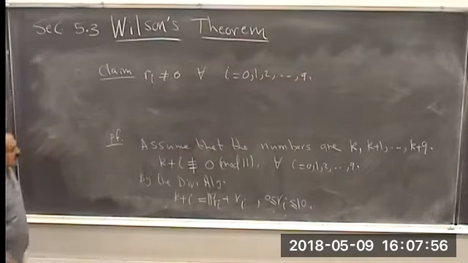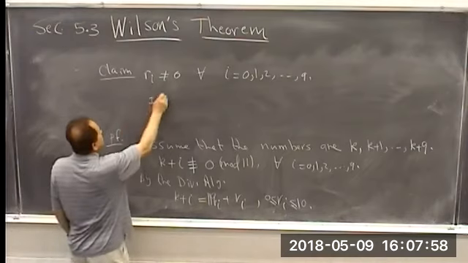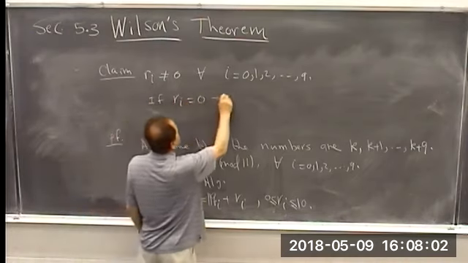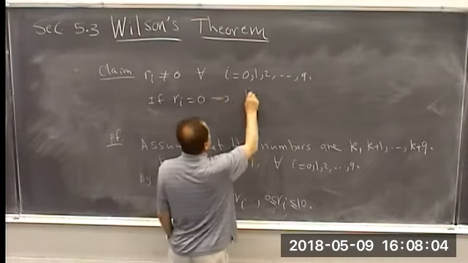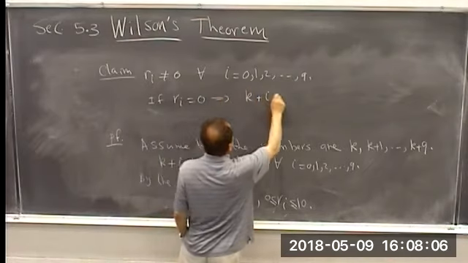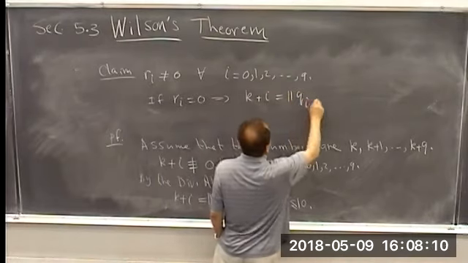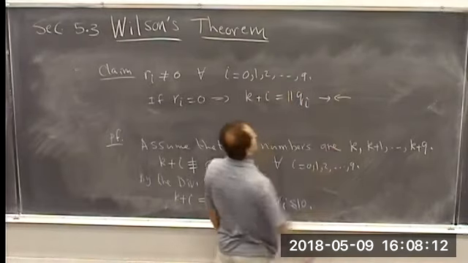If it is equal to 0, then k plus i is a multiple of 11, but this is of course a contradiction.